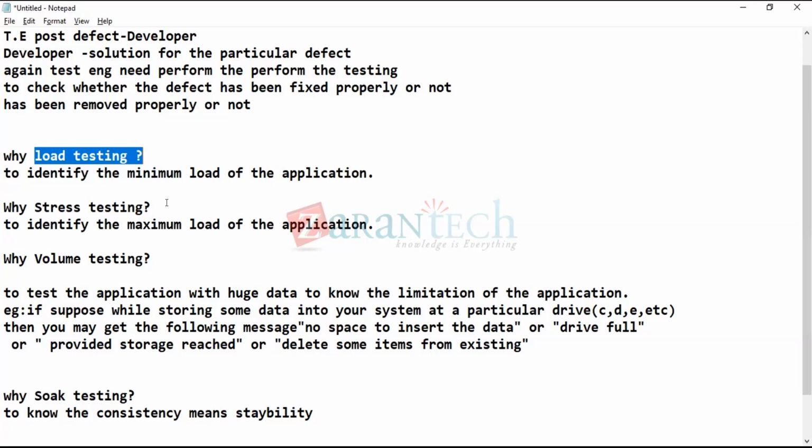This is stability. If suppose daily I'm asking some questions to Duygu.